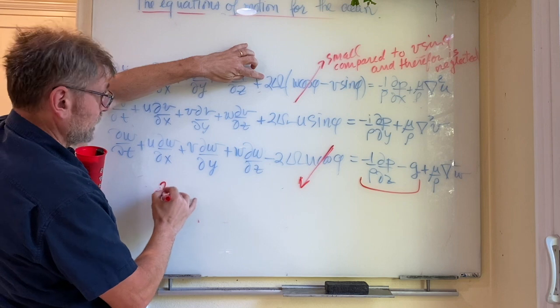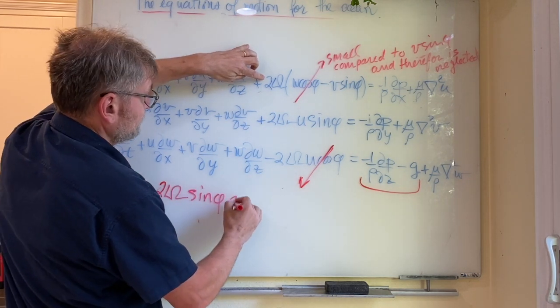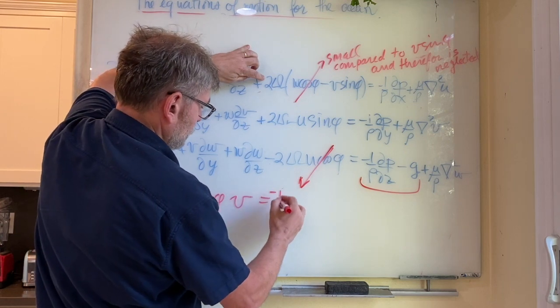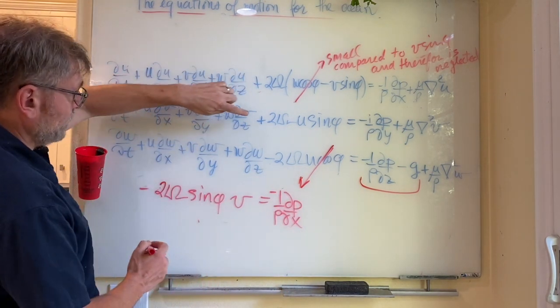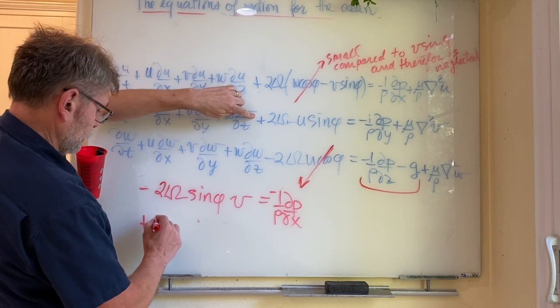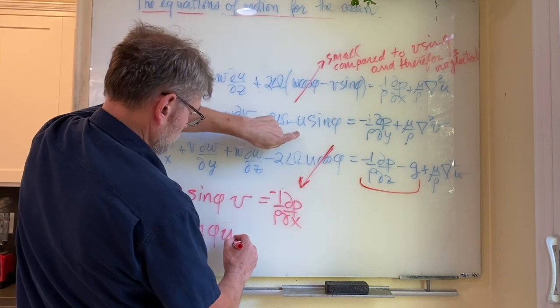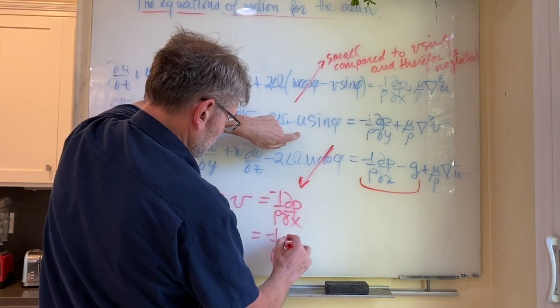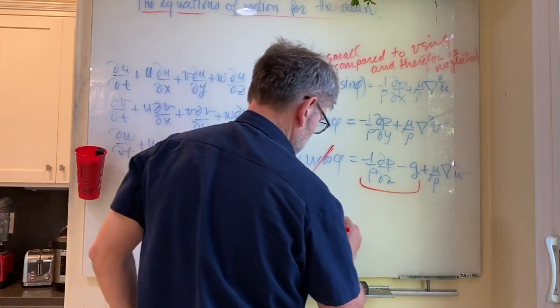So if 2 omega minus sine phi times v is equal to minus 1 over rho dp dx, and in the other equation, plus 2 omega sine phi times u is equal to minus 1 over rho dp dy, then we call this the geostrophic balance.